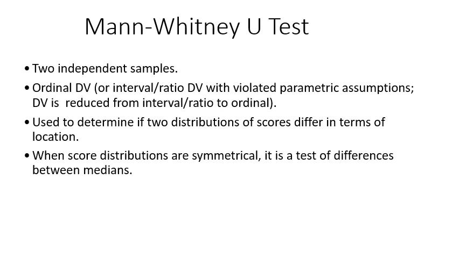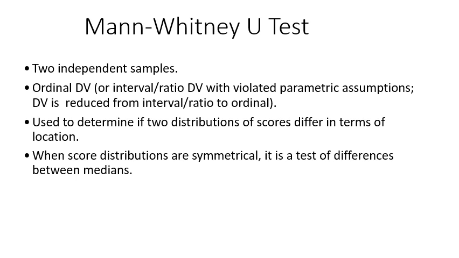So it's used to determine if two distributions of scores differ in terms of location. Just like the parametric tests where we were looking at they differed in mean, in this we're just looking at if they differ in location as a whole rather than just the means differing.